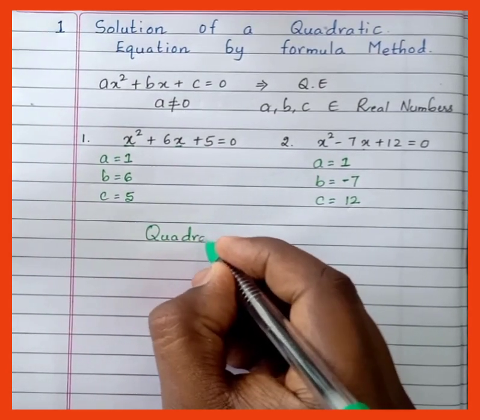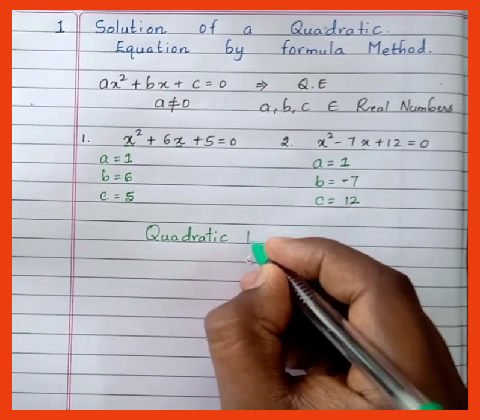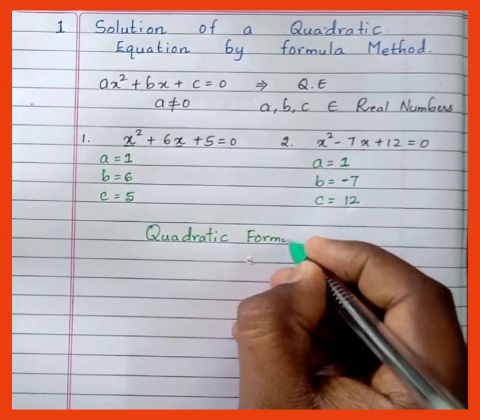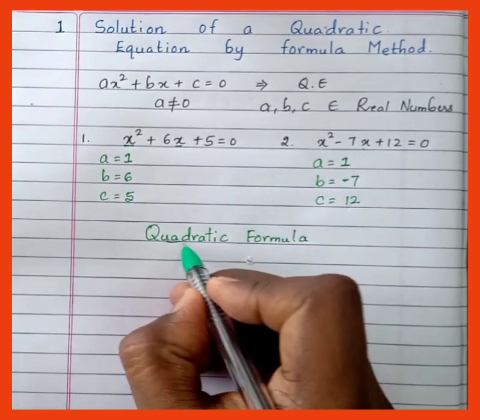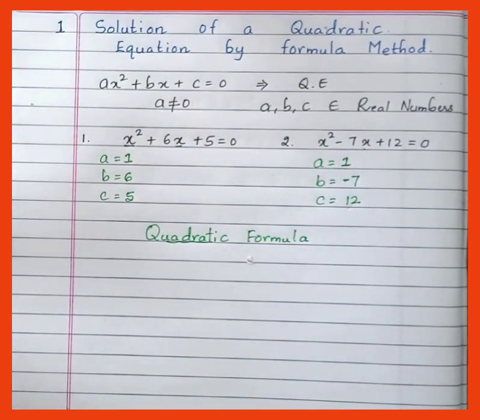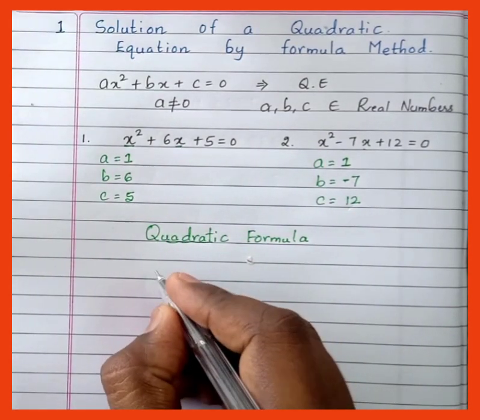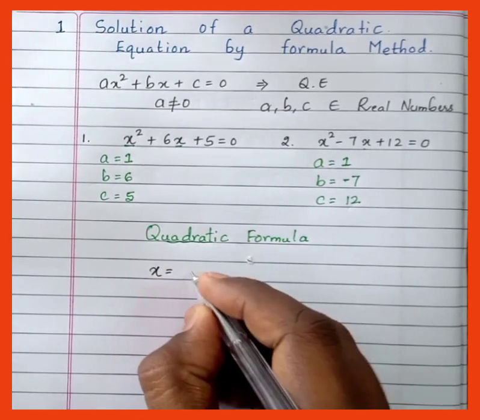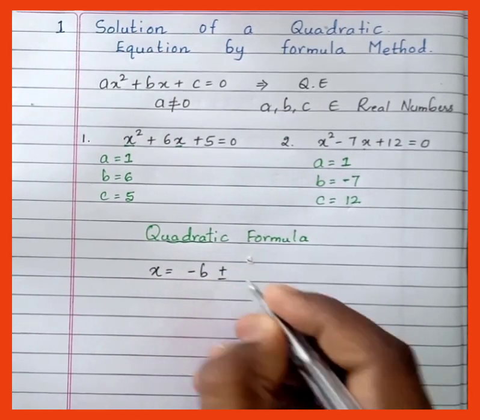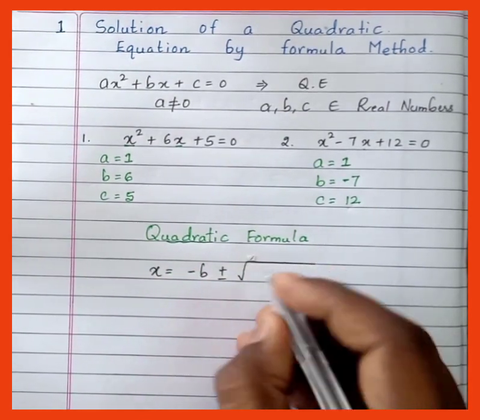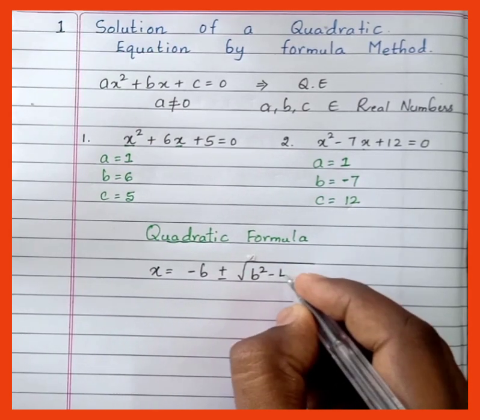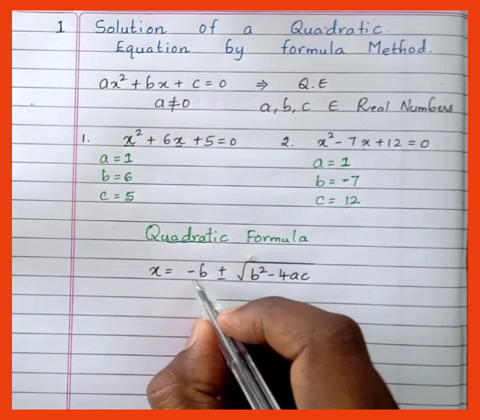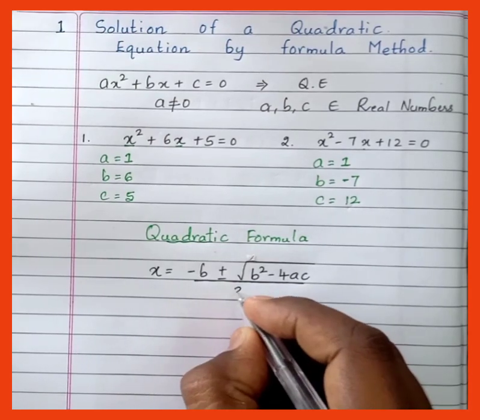Now, what is the quadratic formula? The quadratic formula is given by x equals minus b plus or minus square root of b square minus 4ac, divided by 2a.